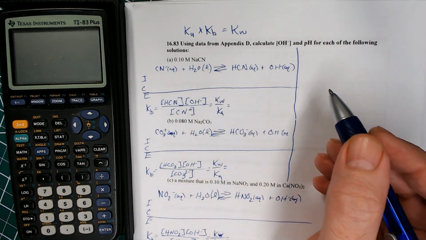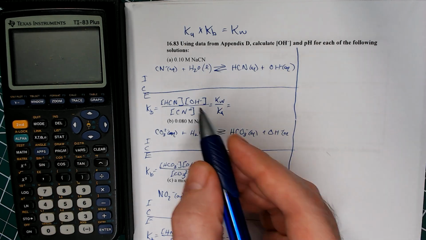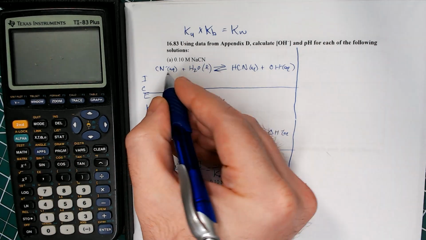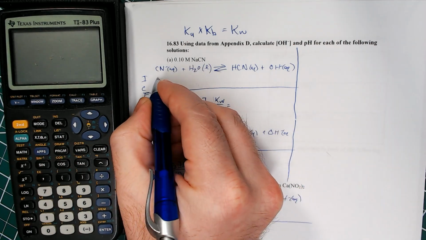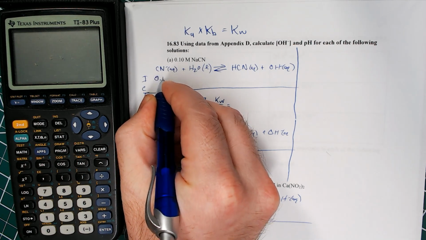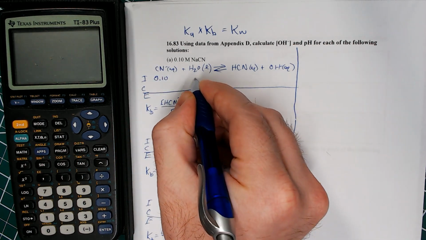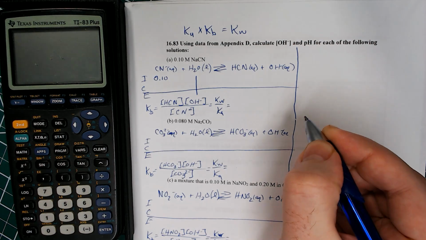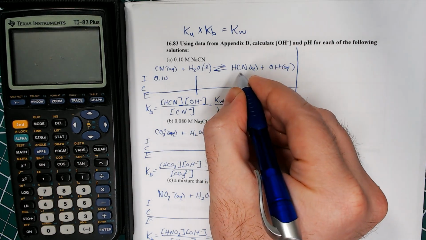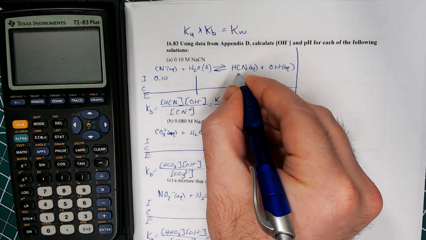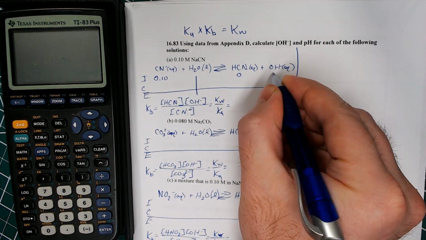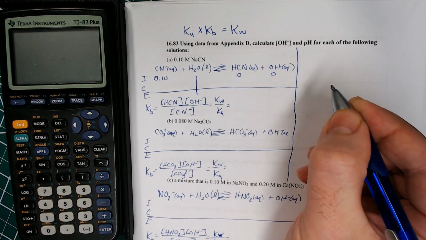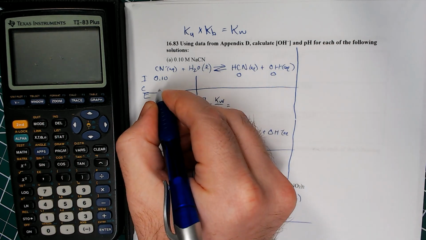So really all we need to do is put in the information for the cyanide ion. The concentration of cyanide is 0.10. Water we can ignore. The initial concentration of HCN would be 0. The initial concentration of hydroxide would also be 0.